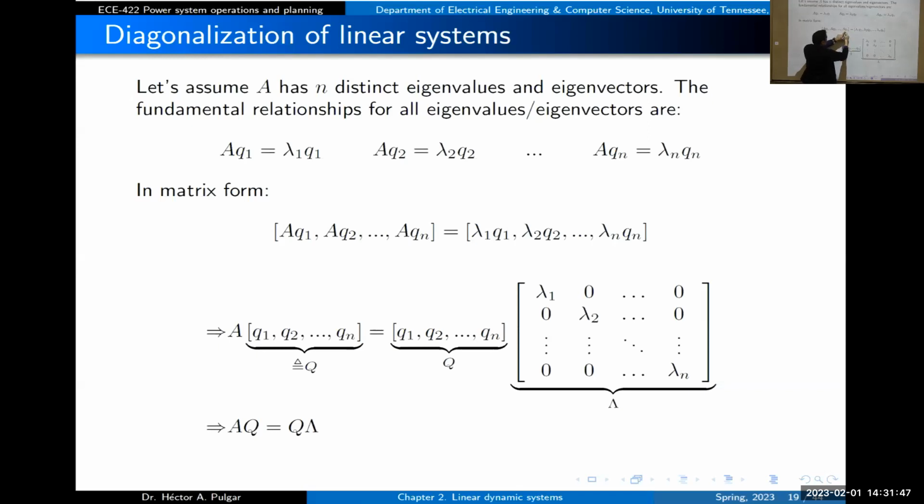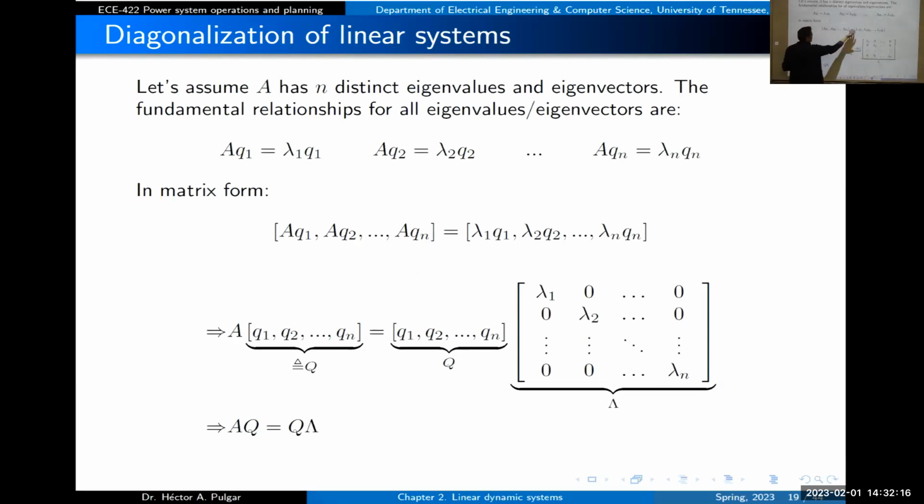I will continue in that fashion until the last column, A qn equals lambda n qn. We haven't done anything different. We're just putting all of these together in matrix form. Because you have n column equations, now you have a matrix, n by n, all together. It's just one equation for all those n singularities.